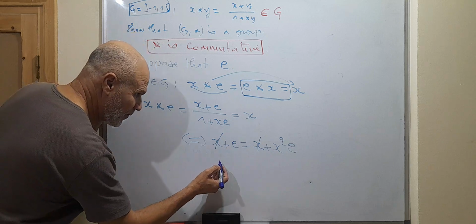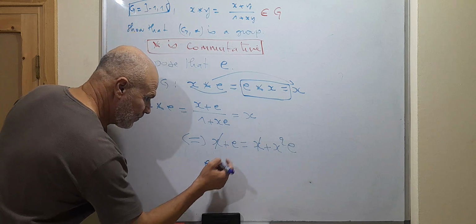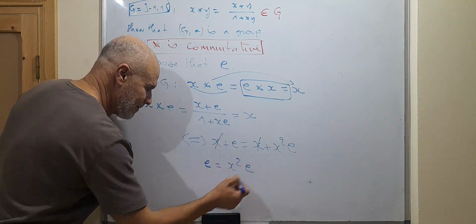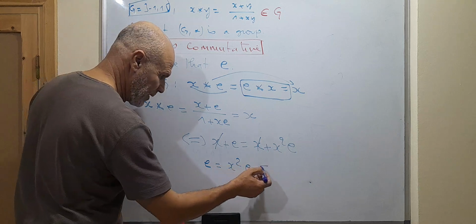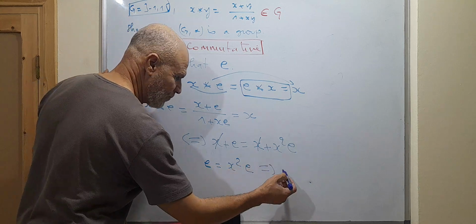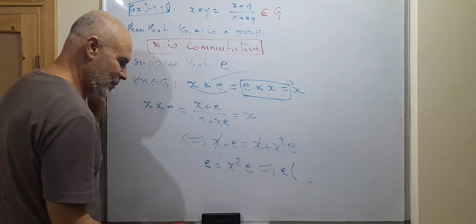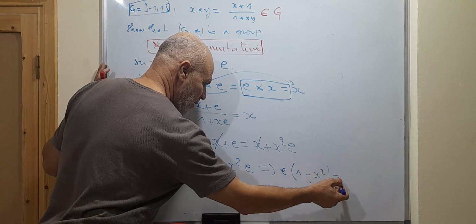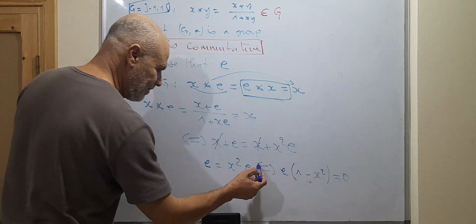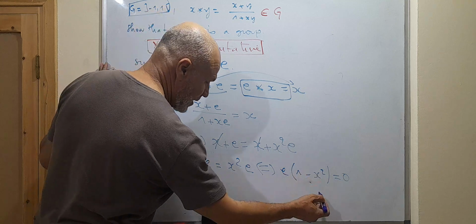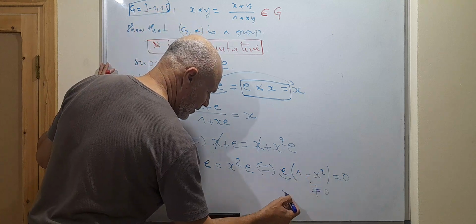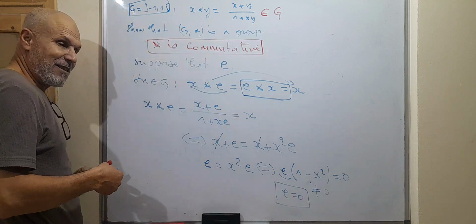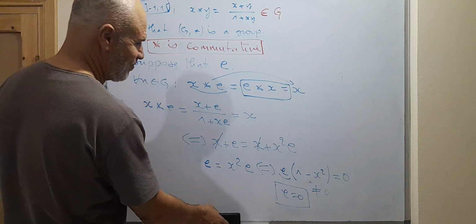From here we have e equal to x squared e, and so e times (1 - x squared) equals 0. Since 1 - x squared is different from 0, e is equal to 0 because we are in a separable space.